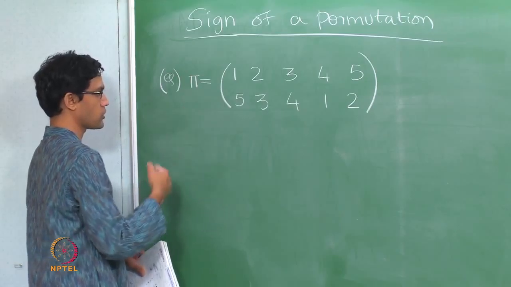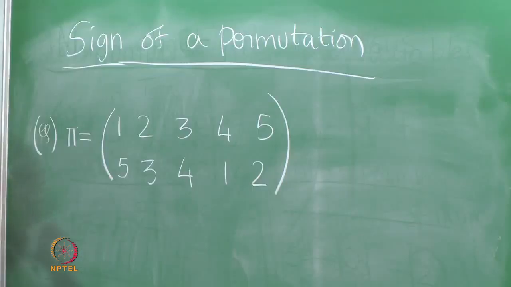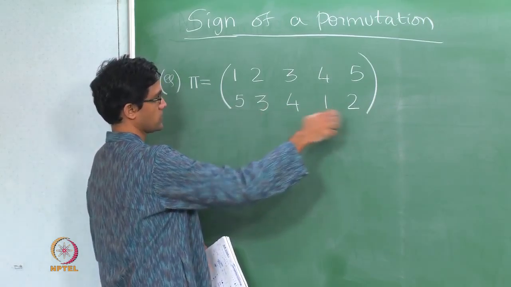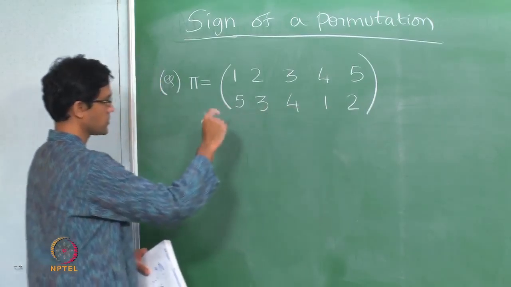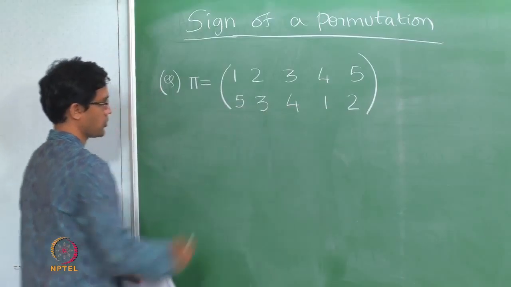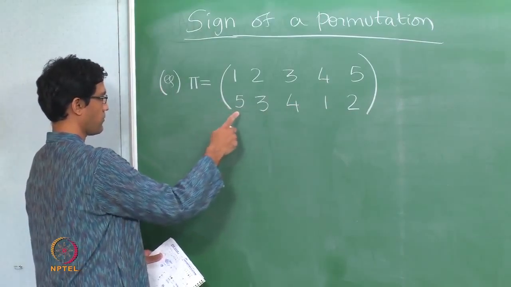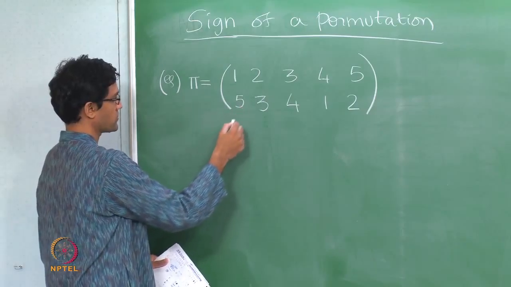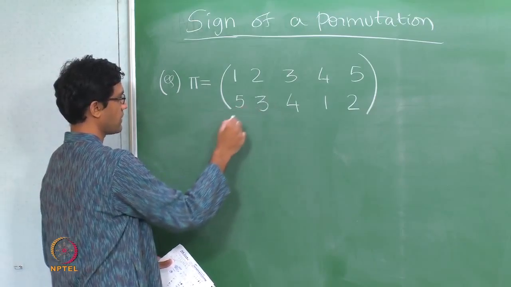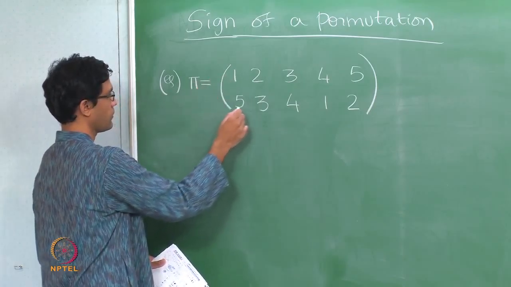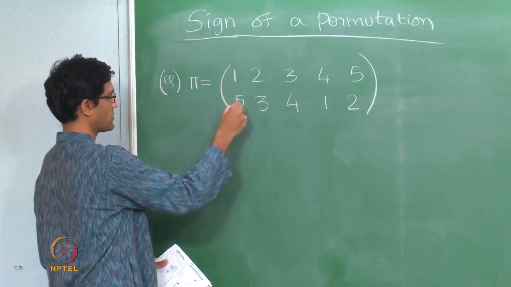Again, recall two line notation, which just means that these are just the entries. The bottom row is really the permutation of the numbers 1 through 5. Often we also think of it as a function, so we will write these entries as follows. If you call this permutation pi, we also say that pi of 1 is 5, for instance.